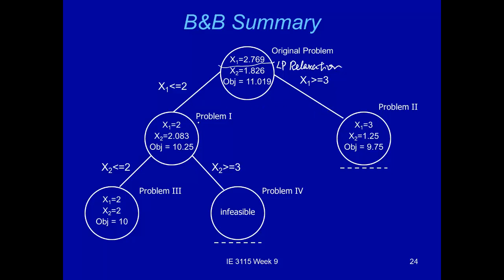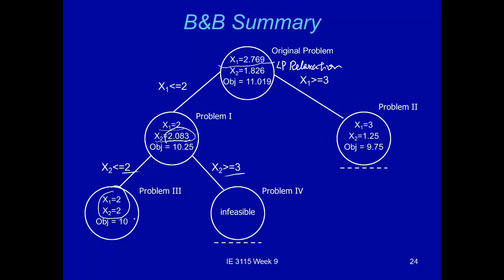When you have 2 subproblems, you look at the subproblem, you find x1 is already integer. In this case, x2 is a non-integer. So you start to branch on x2. And x2 again is a value between 2 and 3. So you start with 2 and 3 to branch it. And you find one of them gets an integer solution with objective function 10. The other problem is infeasible.